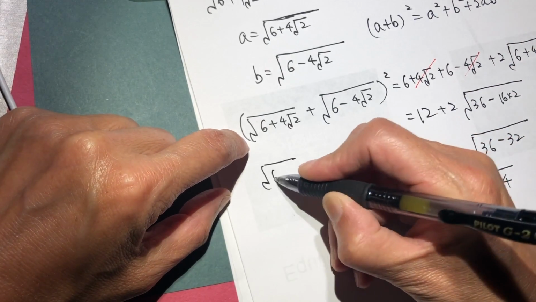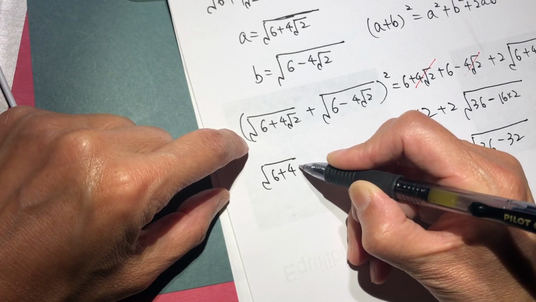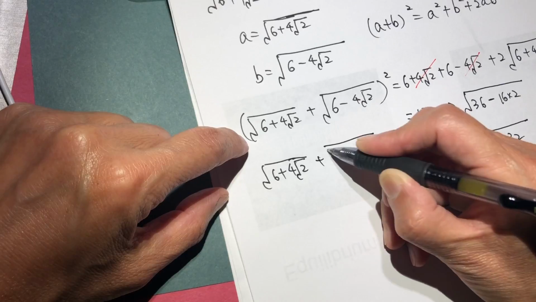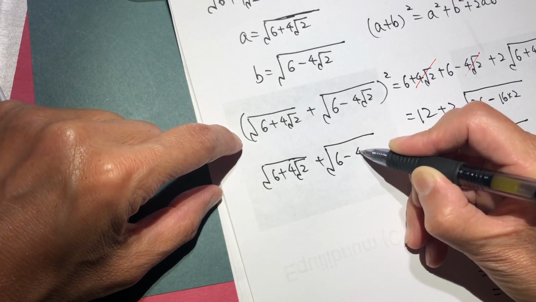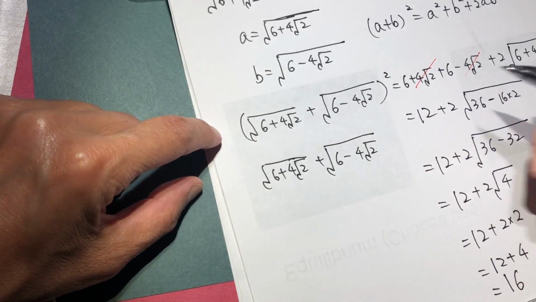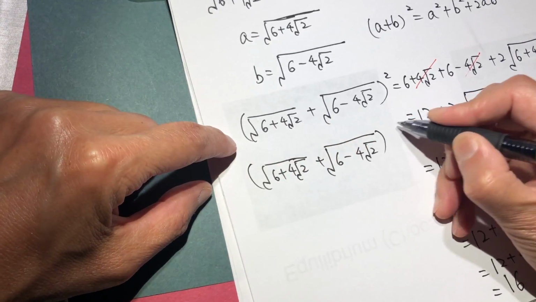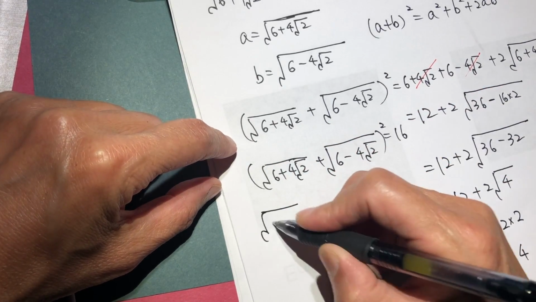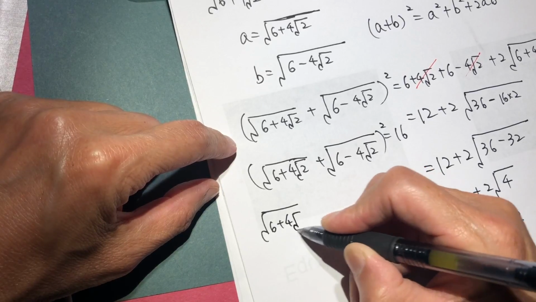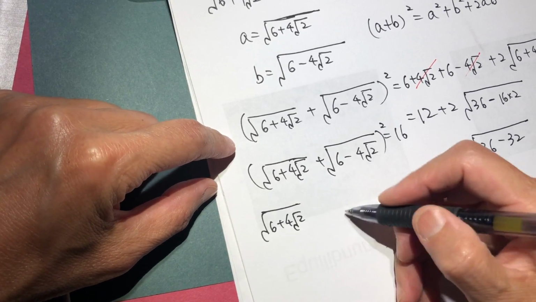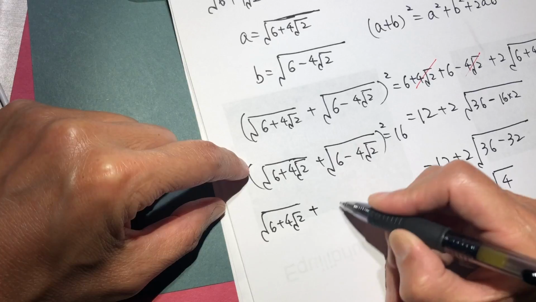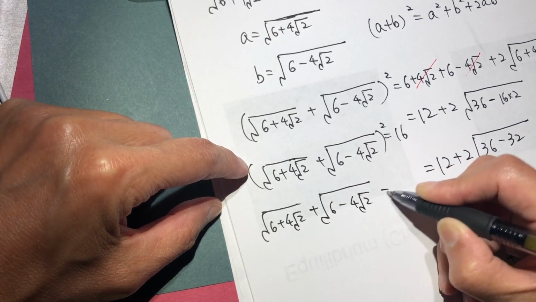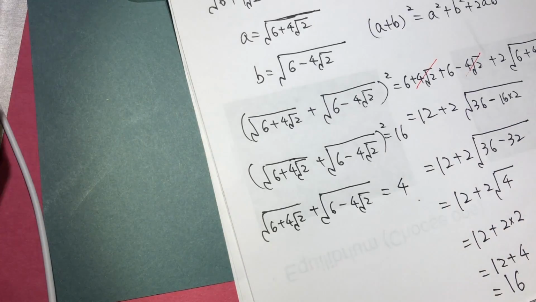Okay, now we know the square of it is 16. So the square root of (6 plus 4 root 2) plus the square root of (6 minus 4 root 2), squared, is 16, right? So the sum equals 4.